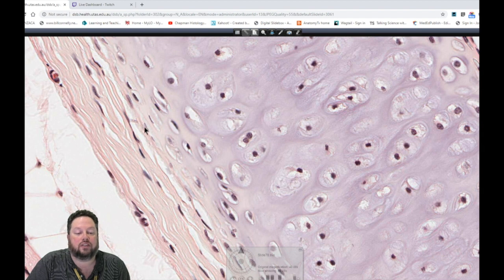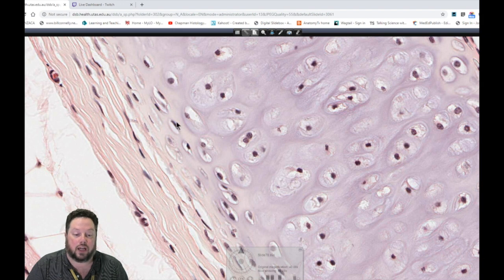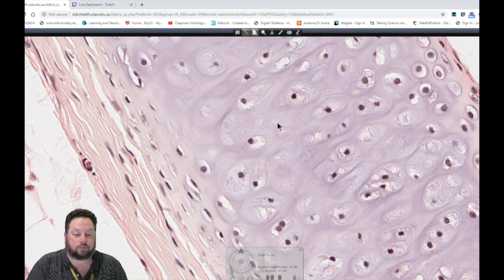Appositional growth is where you get differentiation of a stem cell from the perichondrium into a new chondroblast, and then that chondroblast begins to secrete a new extracellular matrix. And so eventually that extracellular matrix grows and those chondroblasts eventually get trapped in the middle of the matrix and they become the more mature chondrocytes. So this matrix here, because it's newly formed, stains slightly differently to the more mature matrix.